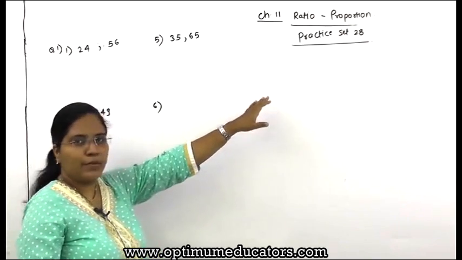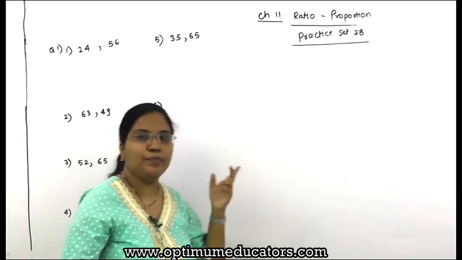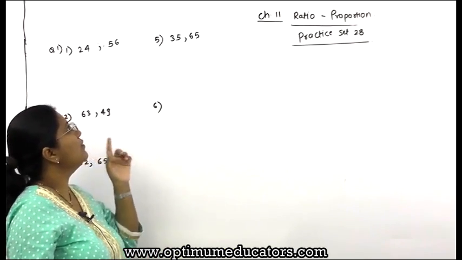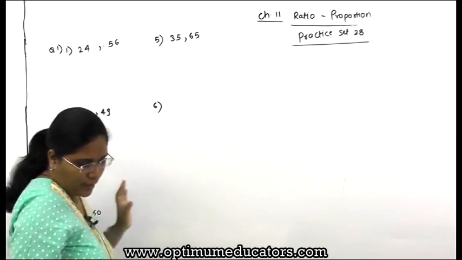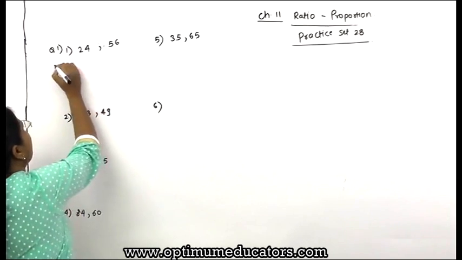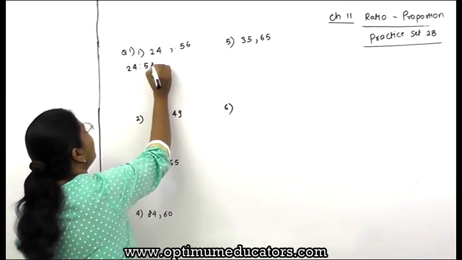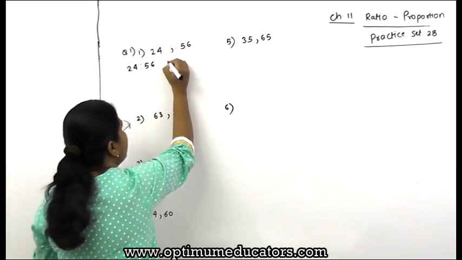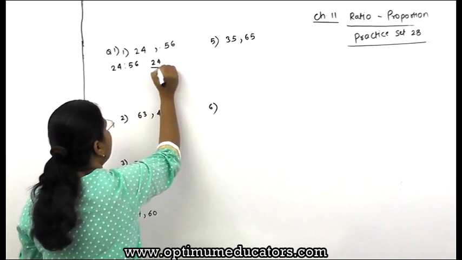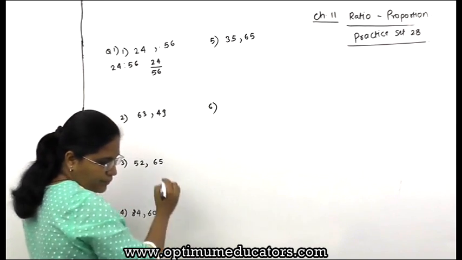So practice set number 28, the first question says that we have to find out the ratio of first number to second number. Okay, so we have to find out the ratio 24:56, which is 24/56, right?